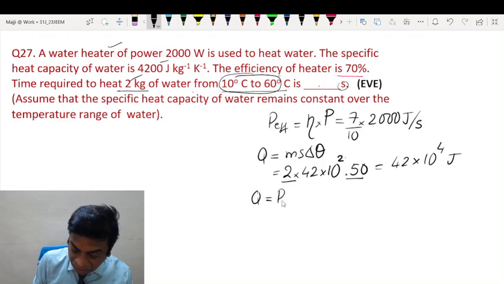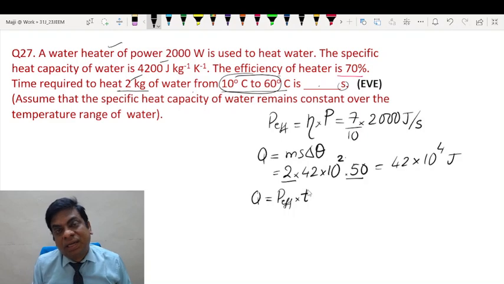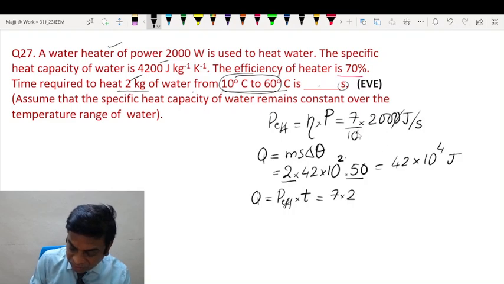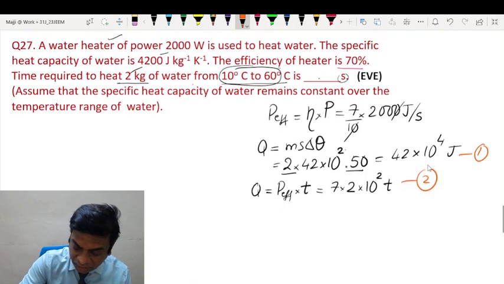Also, if effective power is constant, then power multiplied by time will give you the energy released, which is in the form of heat here. So here this will be 7 into 10 gets cancelled into 2 t. So we can equate these two. Simply we are supposed to equate these two to get the answer.